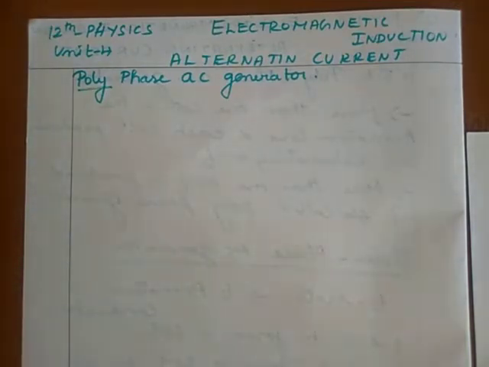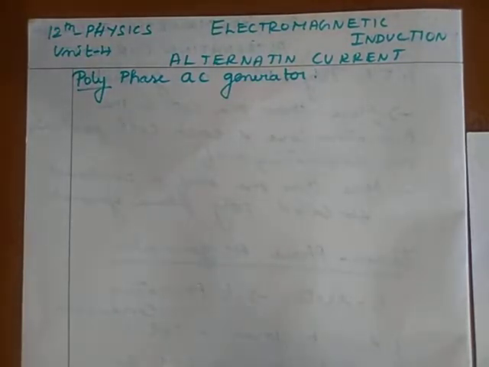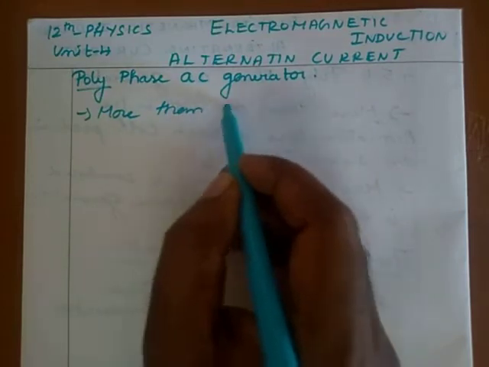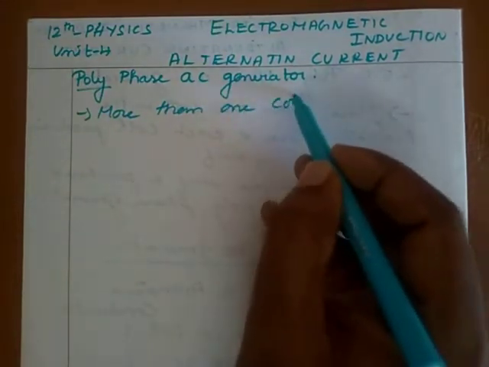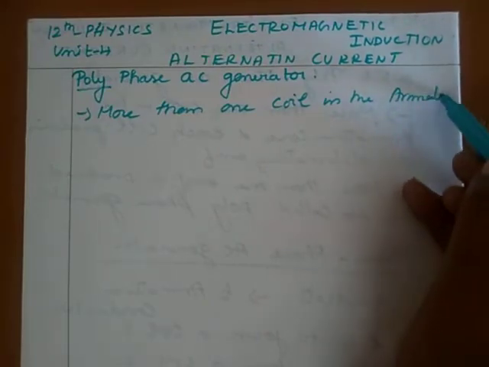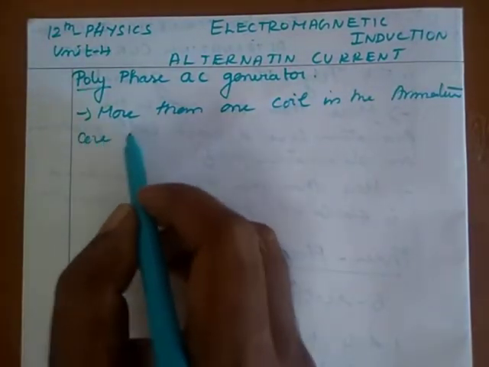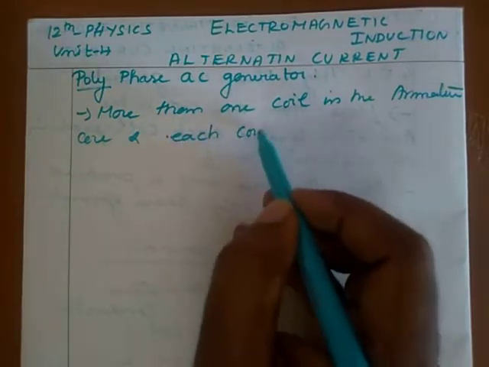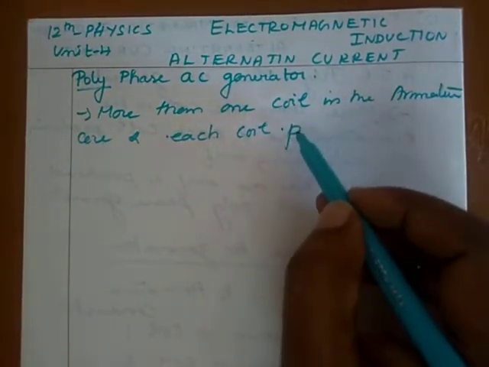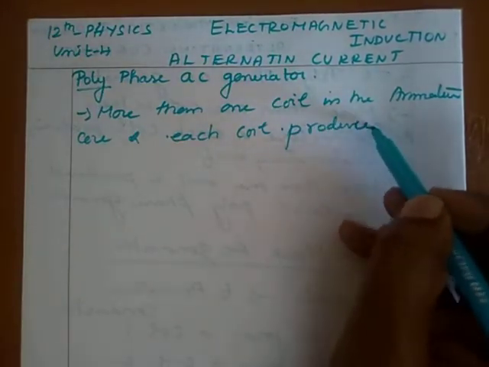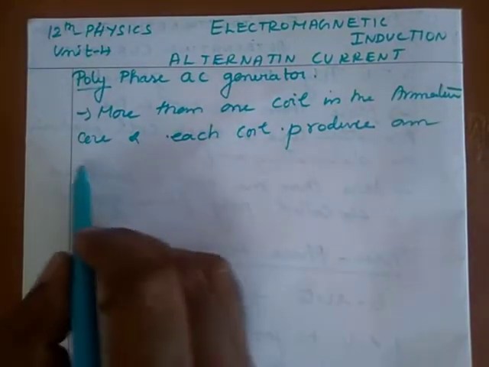See, more than one coil in the armature core, and each coil produces an alternating EMF.